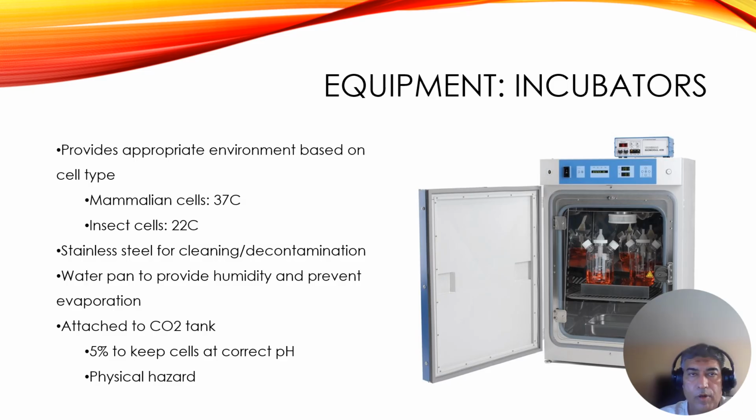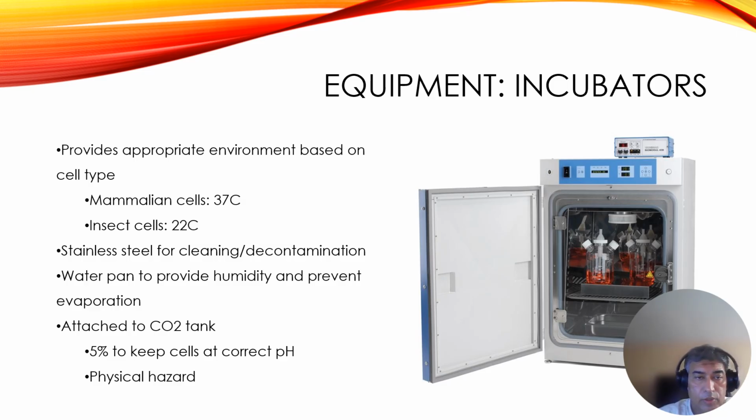Next, we will learn about incubators. Incubators provide an appropriate environment based on cell type. Mammalian cells usually grow at 37 degrees centigrade, insect cells at 22 degrees centigrade. They are made of stainless steel for cleaning and decontamination, with a water pan to provide humidity and prevent evaporation.